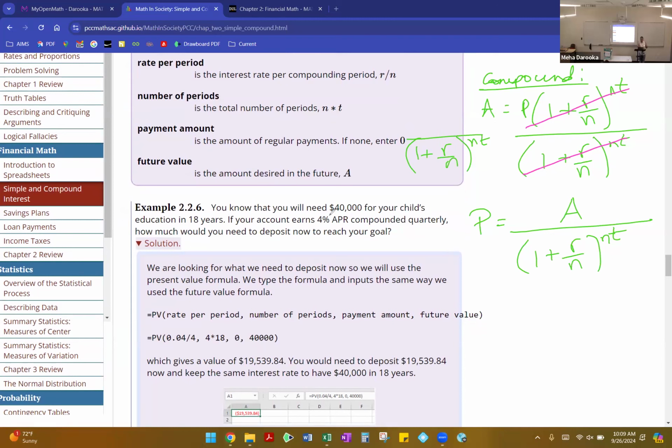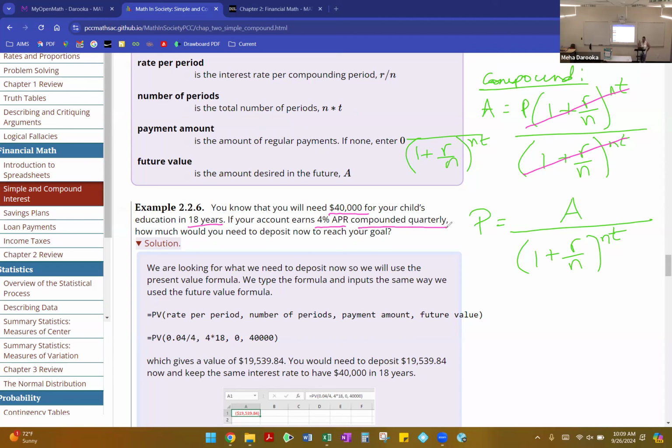So let's see, we need $40,000 in 18 years' time. The APR is 4% and it's compounded quarterly. They want to know how much we should deposit now so that we can reach that goal. So 40,000 is what, in terms of all these values mentioned in that block above?